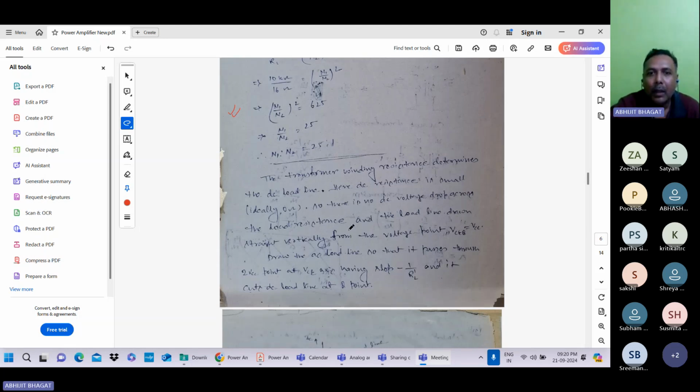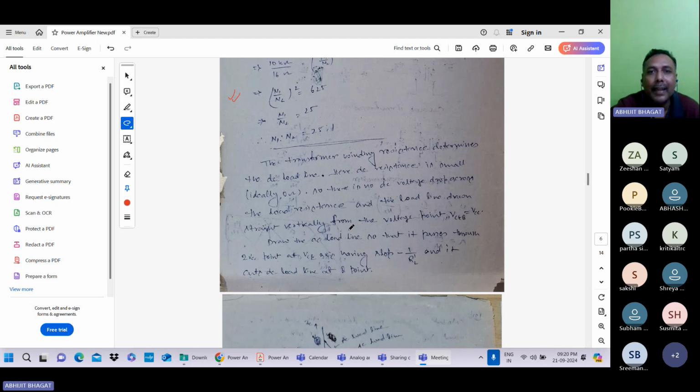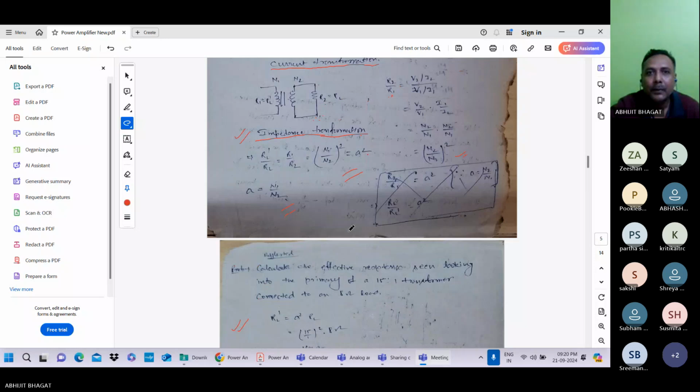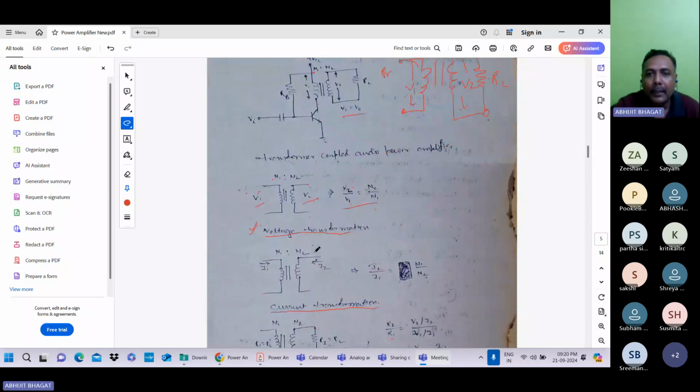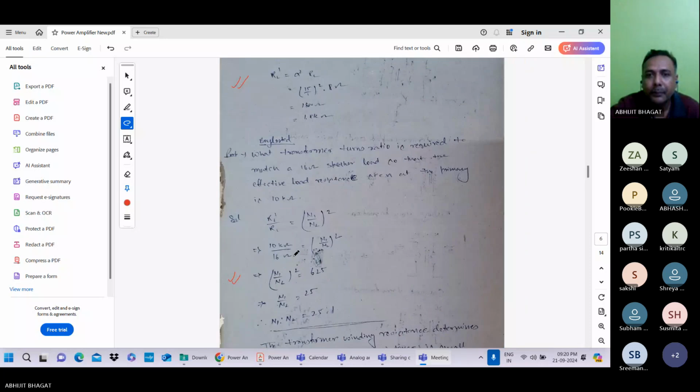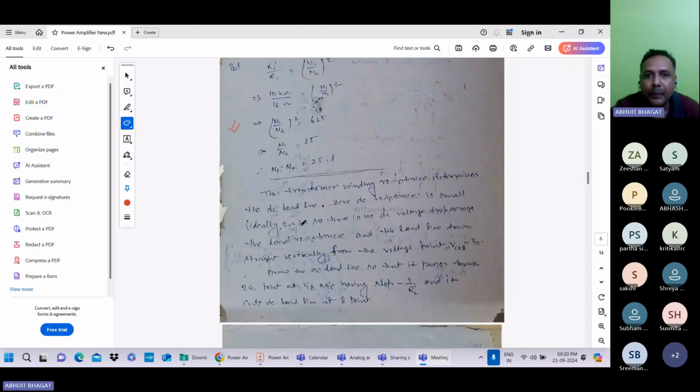Now see, in case of class A transformer coupled power amplifier, here you can see the transformer winding resistance determines the DC load line.